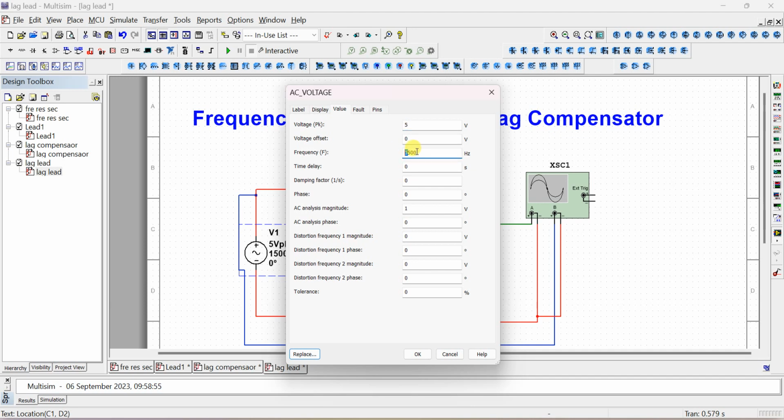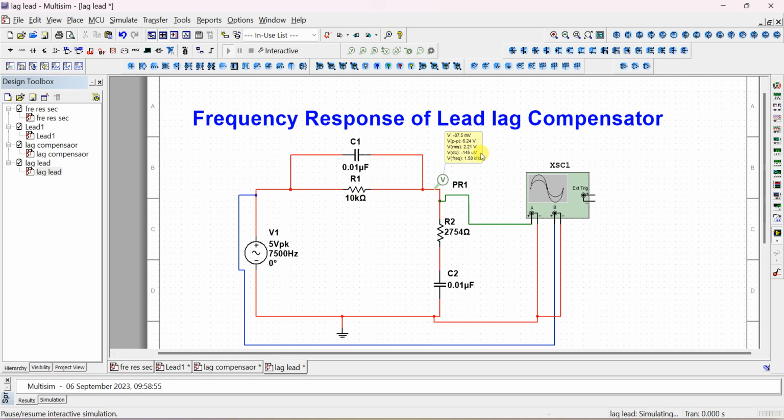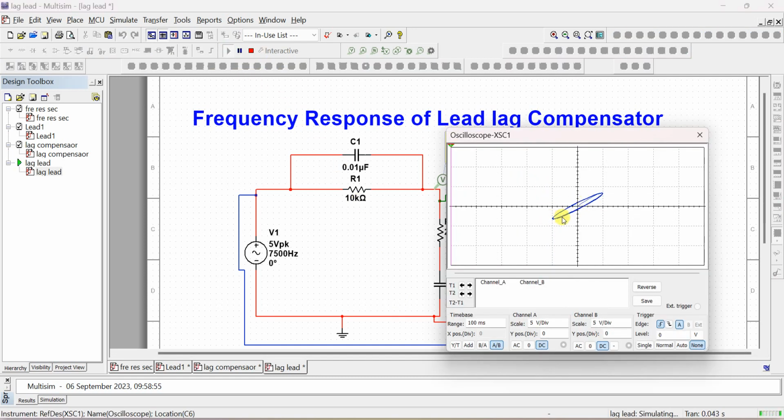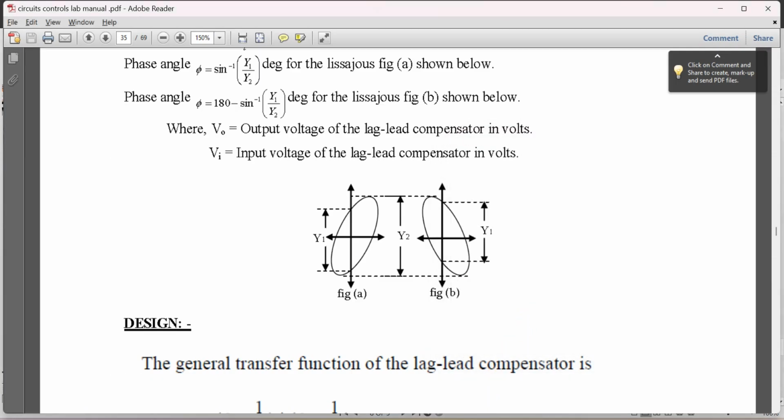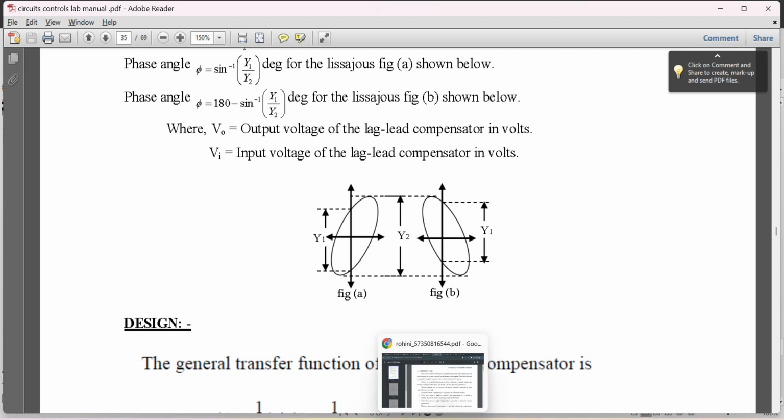Let us see what happens. It's coming like this. This is reducing. Now it is almost 0.6 and 0.6, sine inverse of 0.4 divided by 1.2.